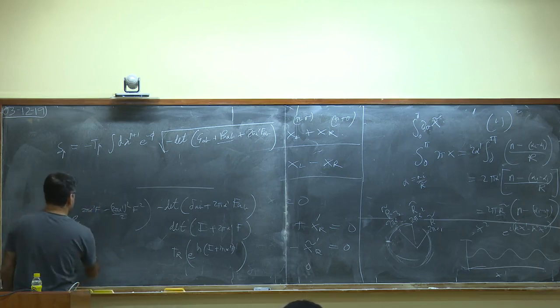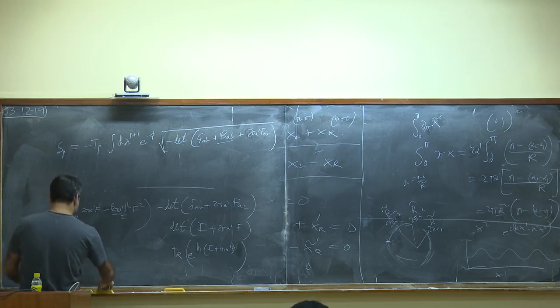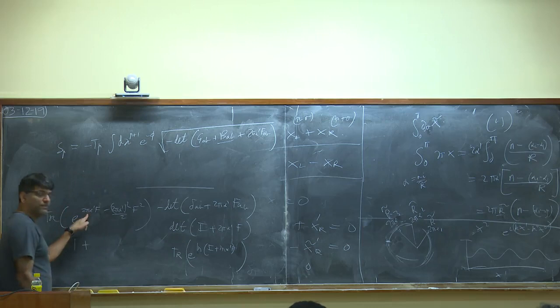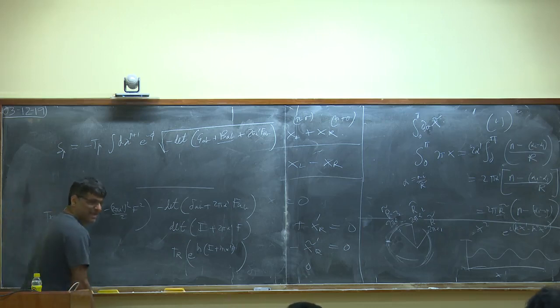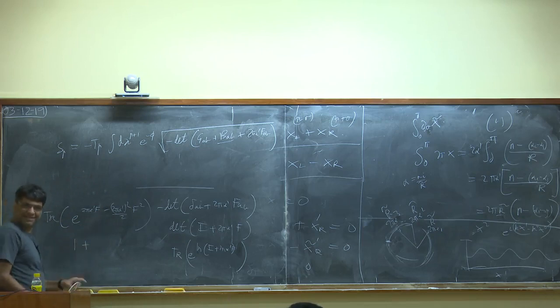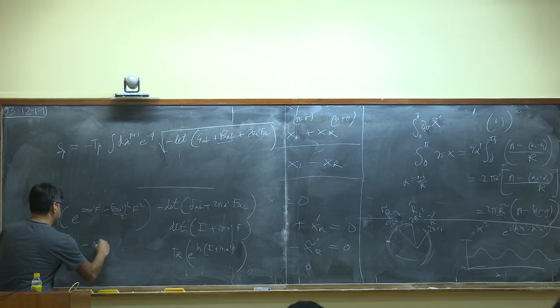So I get 2 pi alpha prime f. There's a 1, but that is a constant. So there's 1 plus... Now there's the term that is just this guy. That's 0, because f is antisymmetric. So the parts linear in f are 0. The parts quadratic in f, we get minus 2 pi alpha prime by 2 f squared.